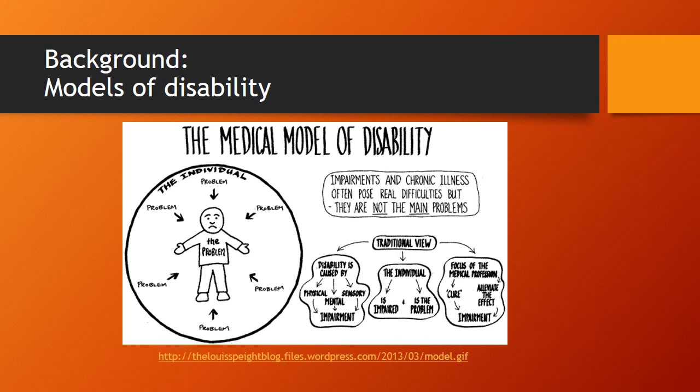The disability is caused by this impairment. The person has an impairment. It's a physical impairment, a sensory impairment, a mental impairment. And so then what we have to do is figure out how to cure it, or how to alleviate the effect of it, how to fix the impairment itself.